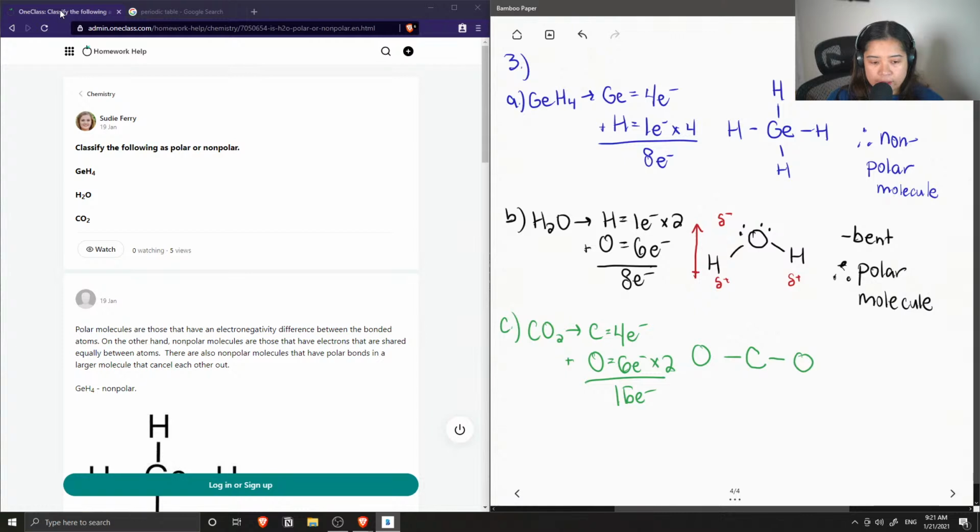And if we were to draw 2 single bonds to oxygen, then our carbon wouldn't have a full octet. So then we can just make these double bonds. And we only have 8 electrons in this structure so far. So we need 8 more. And the last 8 will go on my oxygens.